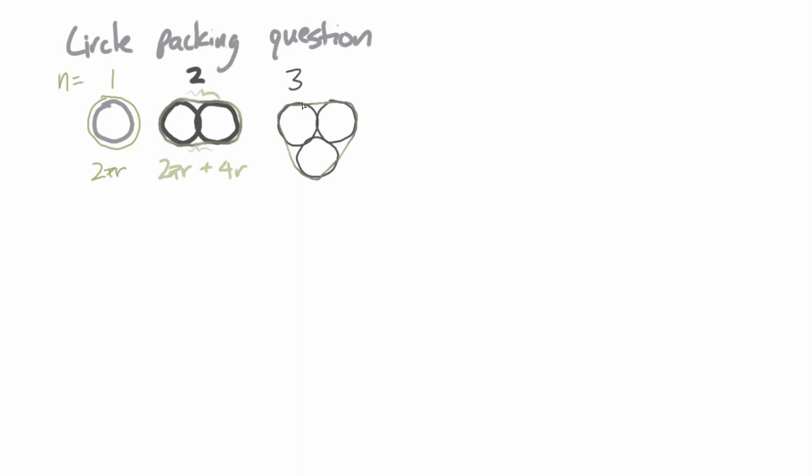So the length of the string is actually sort of weird. So we know this length is 2r, this length is 2r, and this length is 2r. And then what happens is this length is actually a third of this circle, a third of the circumference, a third of the circumference, and a third of the circumference.